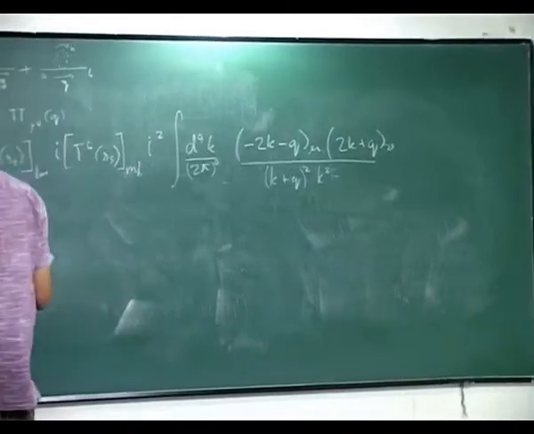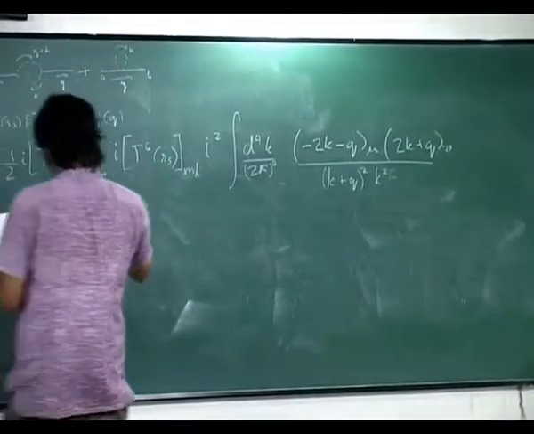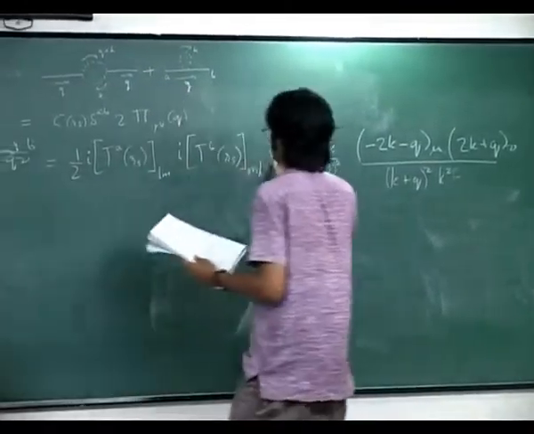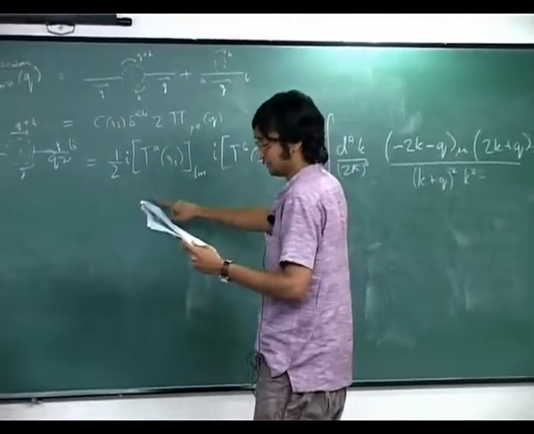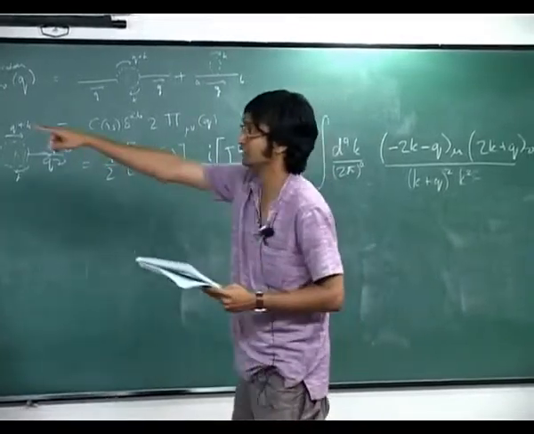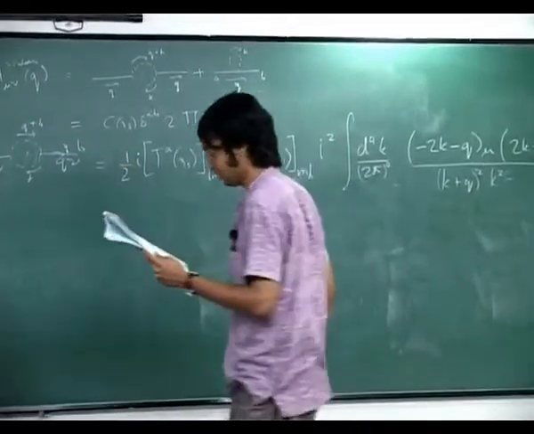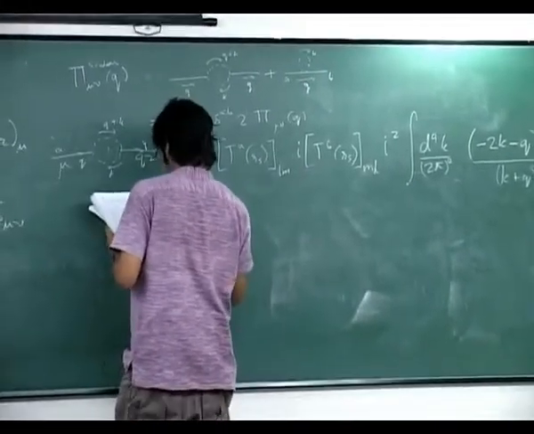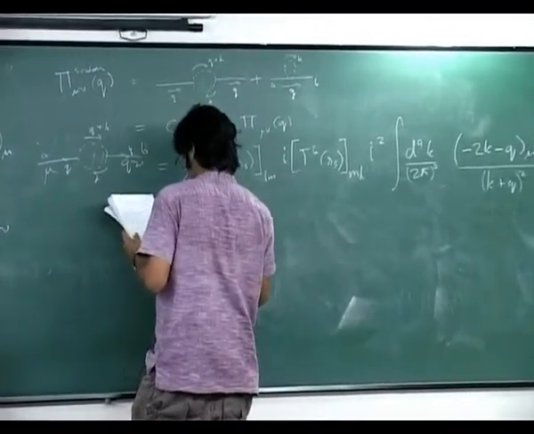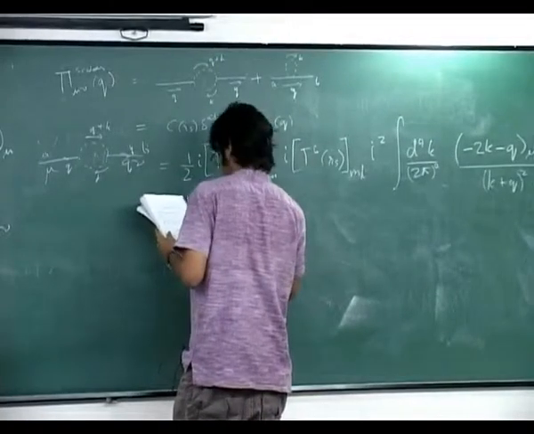So now there's an i squared here, so that goes off, and this is the trace. So this is nothing but CRS as defined over there with a delta AB. So that is half of CRS delta AB.